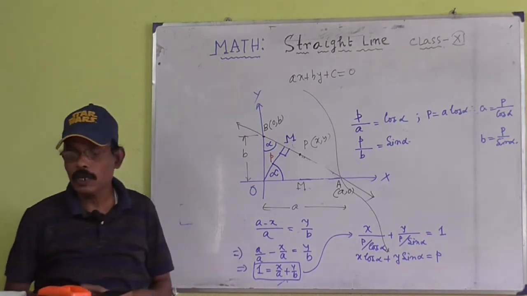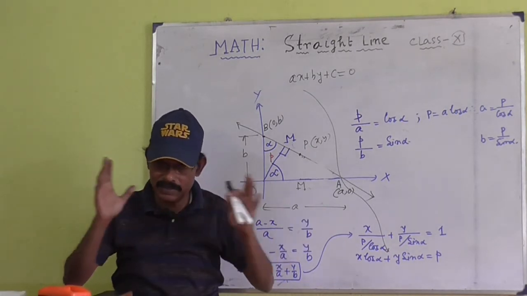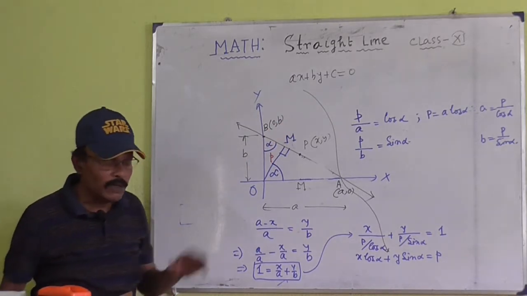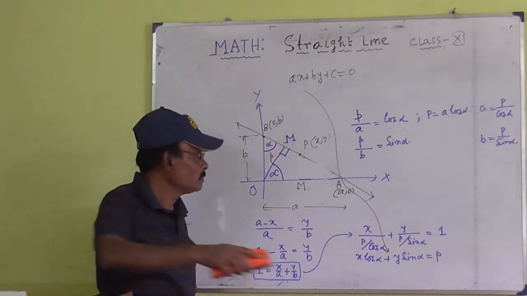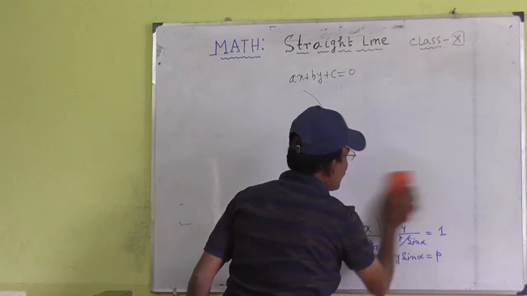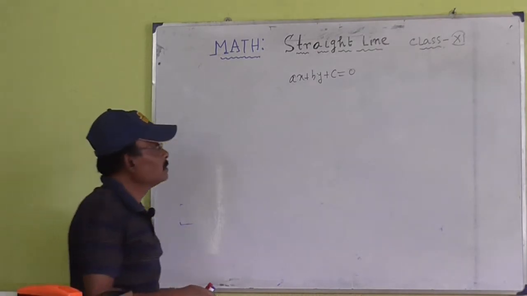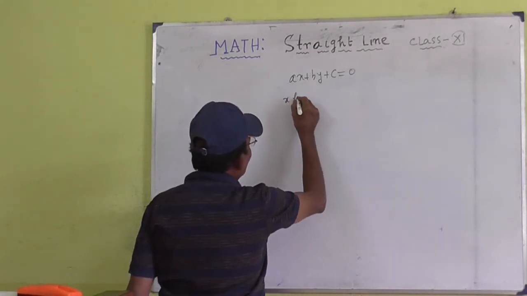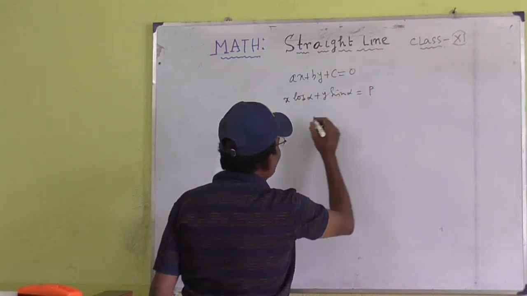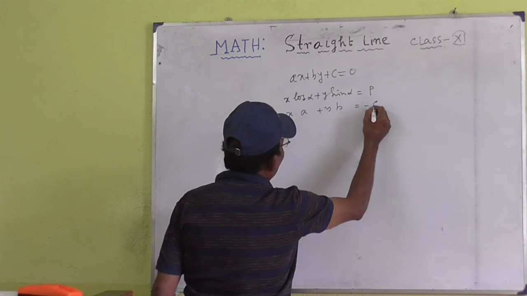Normal form is x cos alpha plus y sin alpha equals P. This equation and that equation are the same. So if we compare, x cos alpha plus y sin alpha equals P, and x into A plus y into B equals minus C.